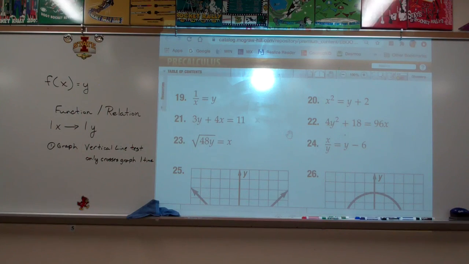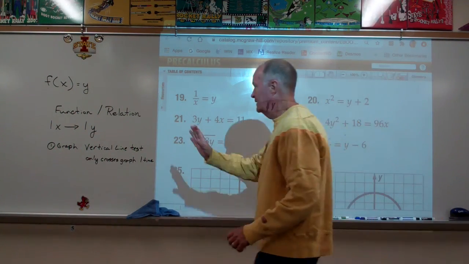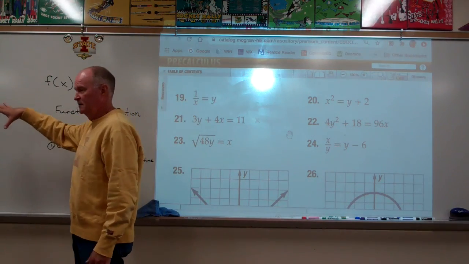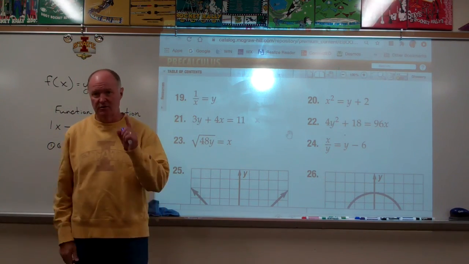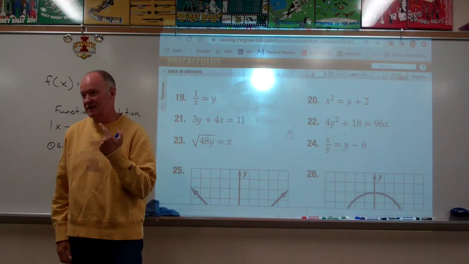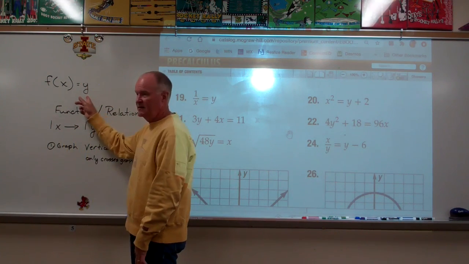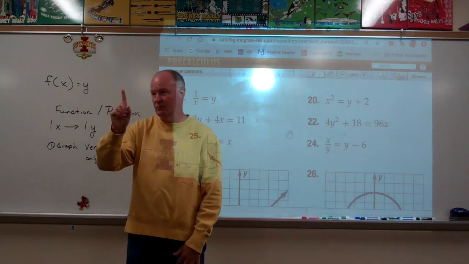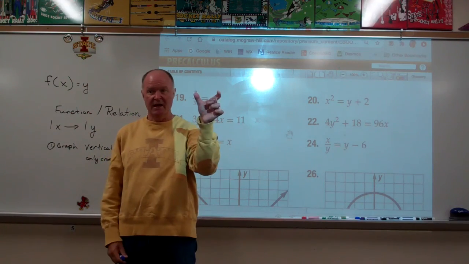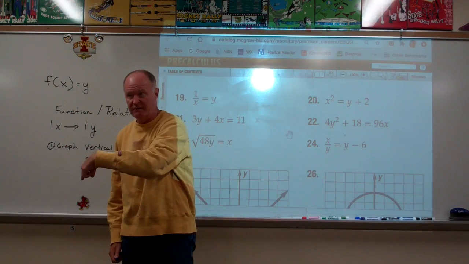What we're going to try and do is remember, if I've got a function, 1 x has to go to 1 y. The easiest way to tell is if I've got anything in y equals. If there's only a y, 1 y, when I plug in an x, it doesn't matter, I'm going to get one y value out of it.